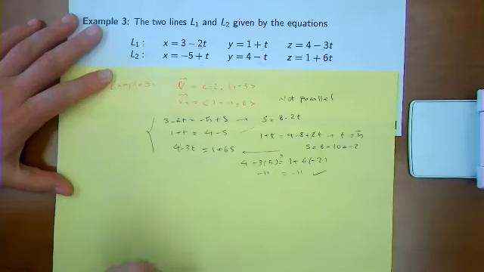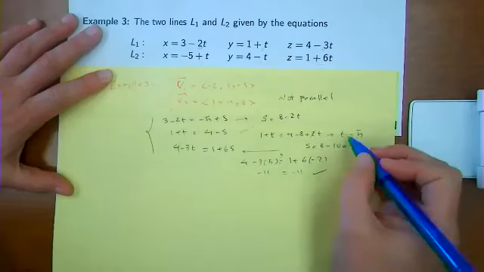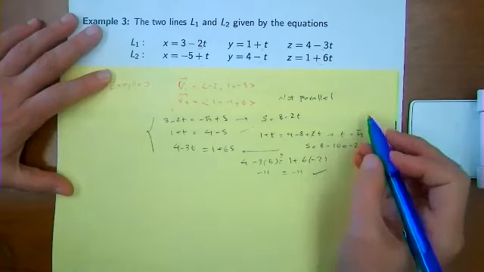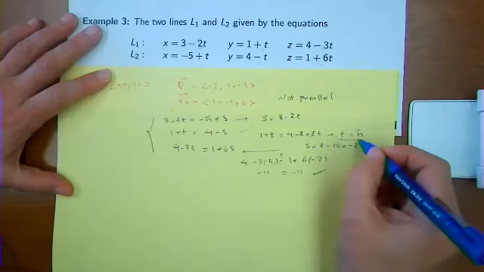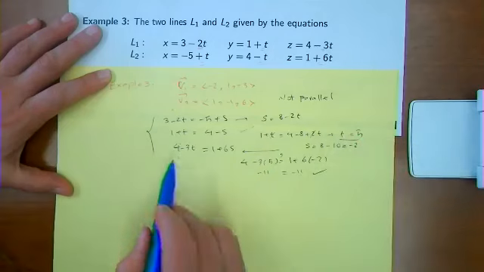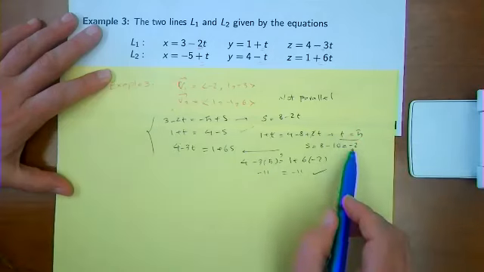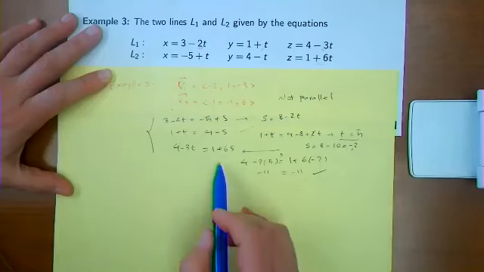So it's consistent. The answer is going to be achieved by plugging t equal to 5 into the first one, or s equal to -2 into the second one.